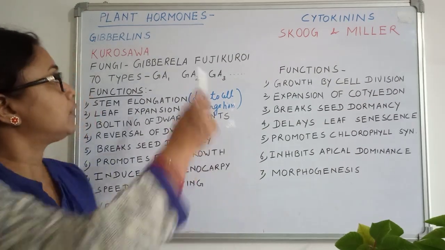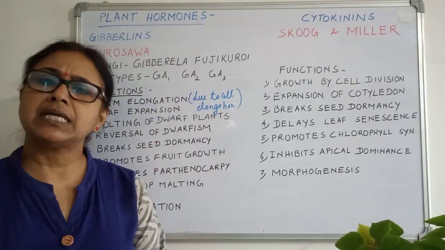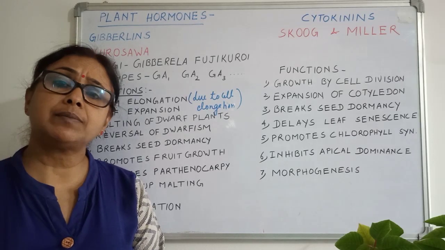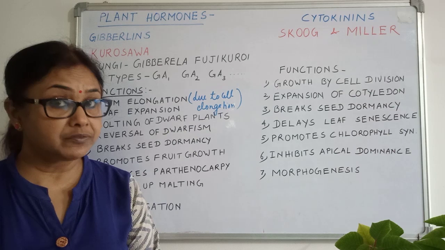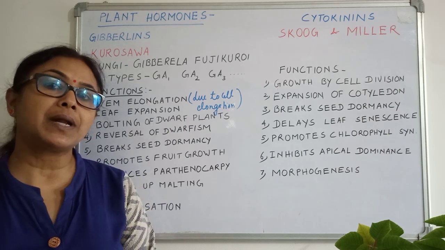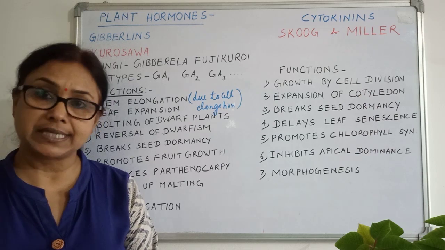Now we come to the second hormone, gibberellins. This plant hormone was discovered by Kurosawa and it was extracted by him from a fungus known as Gibberella fujikuroi, which was causing foolish seedling disease in the rice plants in Japan in the year 1926.